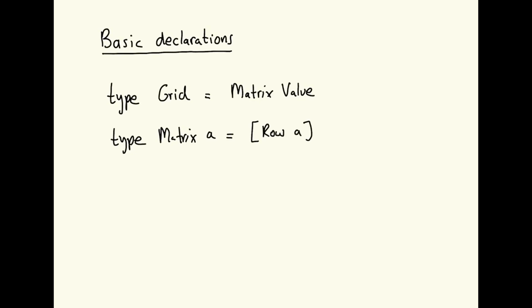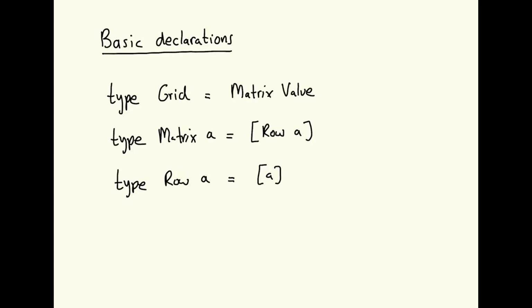So a matrix of things of type A is simply a list of rows of values of type A. And then what is a row? I'm going to define a row of things to be simply a list of things. So a row of integers, for example, would be just a simple list of integers.